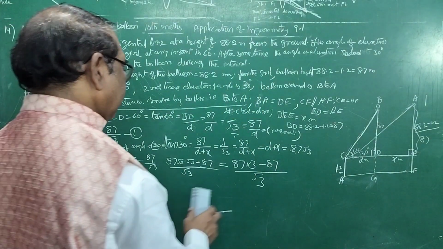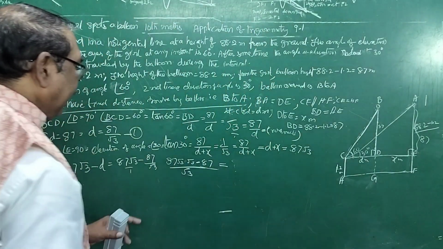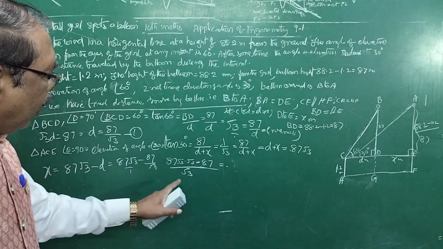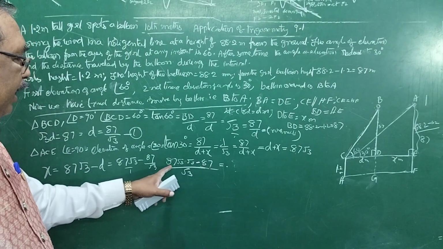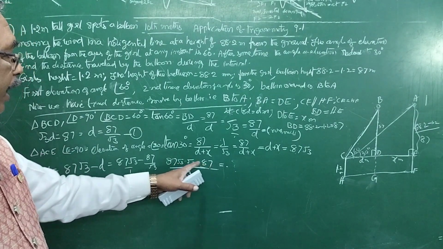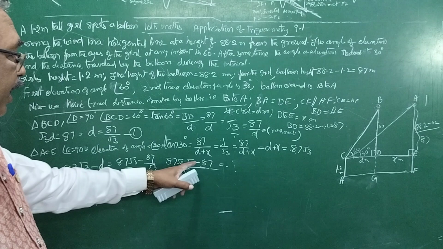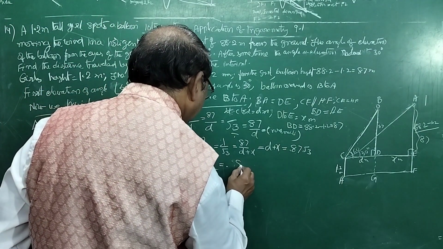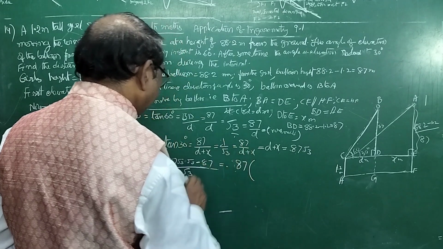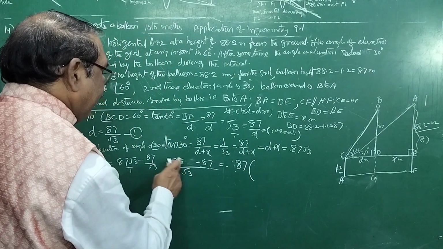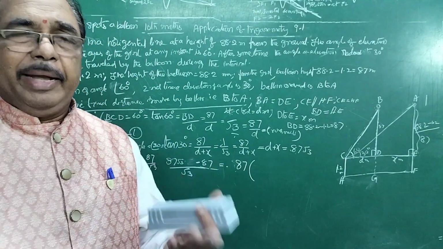Here, let us see, in these two terms 87 is common. Let us bring out 87. Let us find the LCM later.